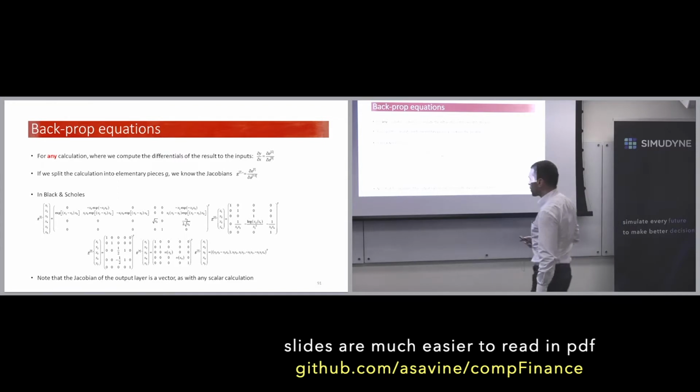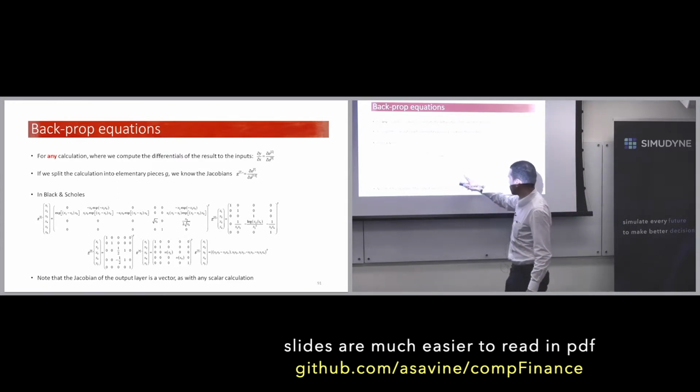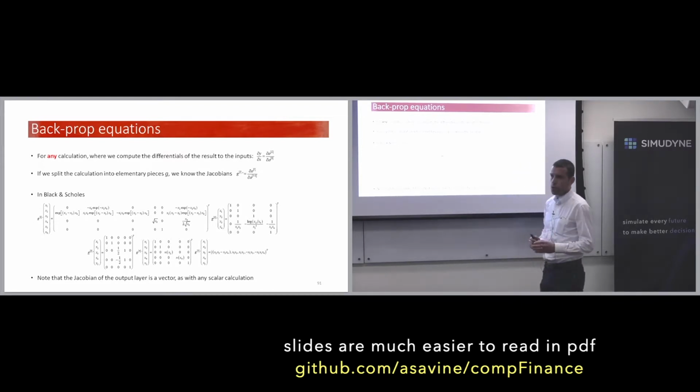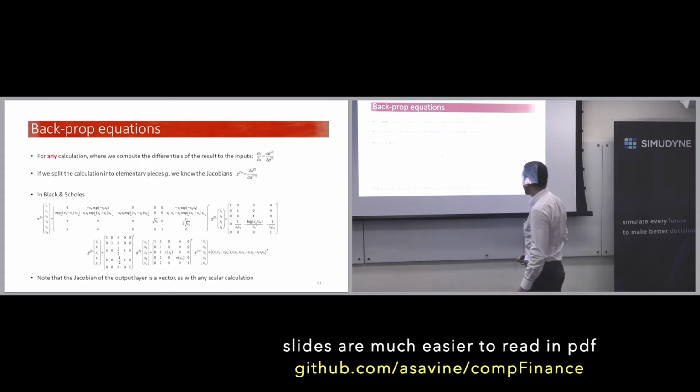So note that the Jacobian of the output layer, G5 prime, is a vector, and it has to be because the calculation produces a final result, which is a scalar, a real number. So the output dimension of the last calculation has to be 1. Necessarily. So its Jacobian will be a vector.